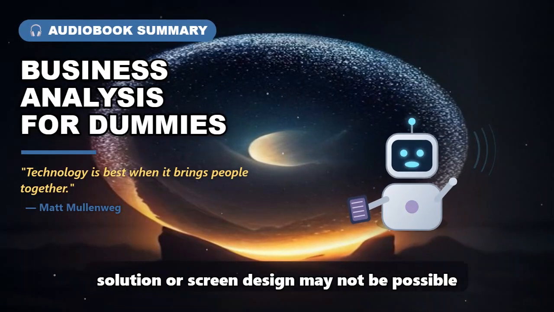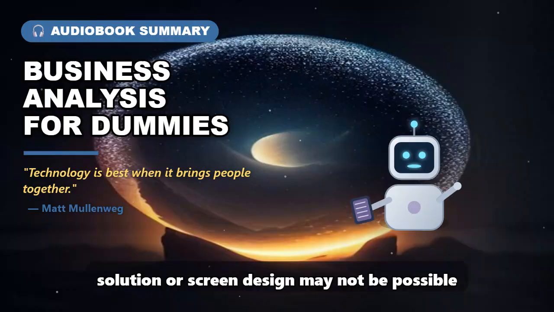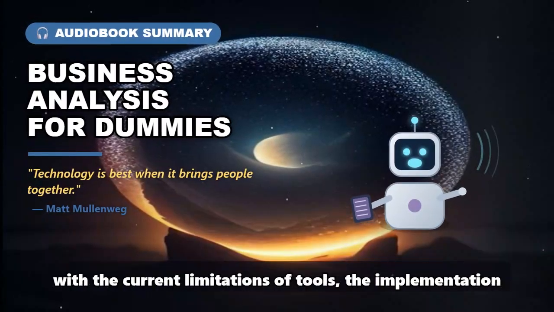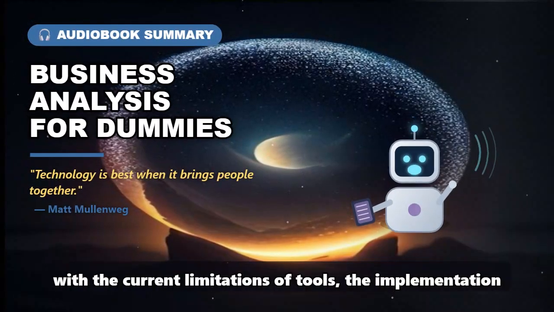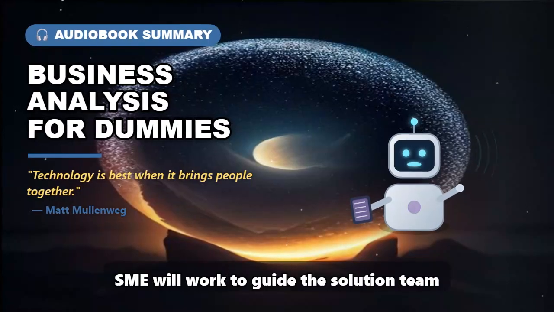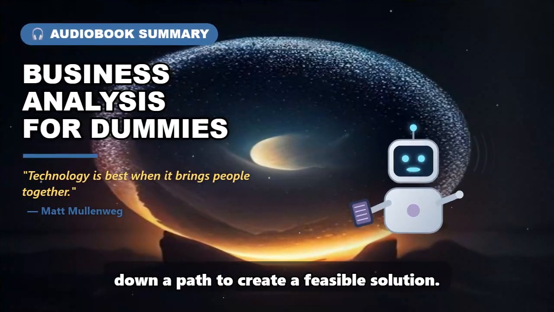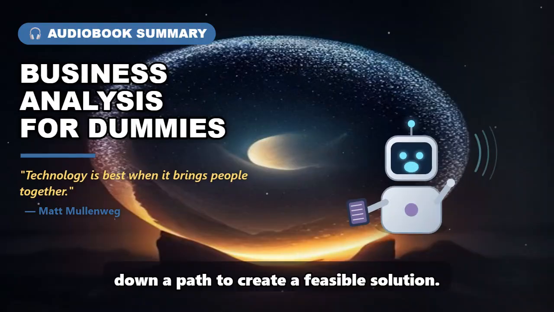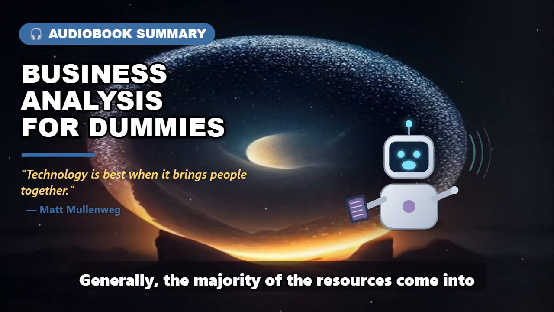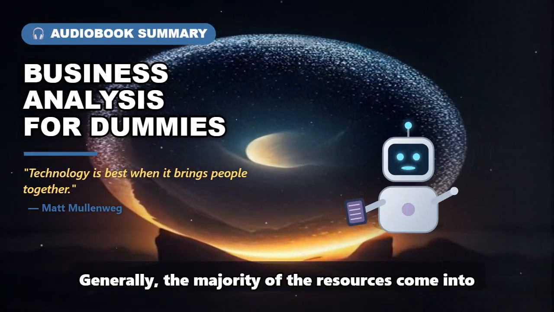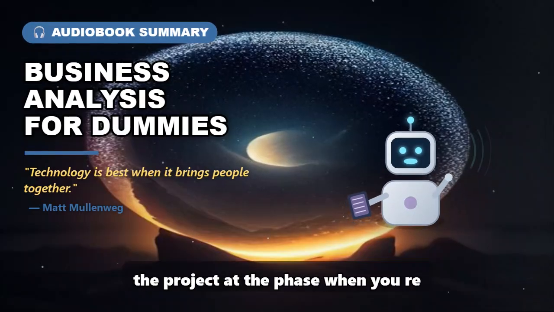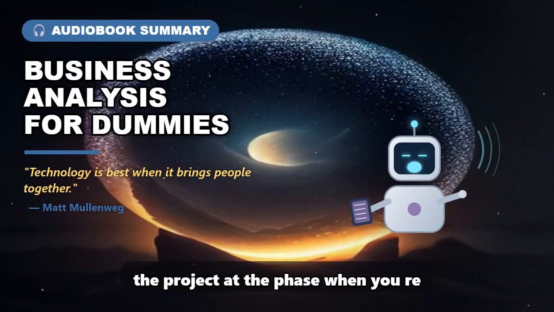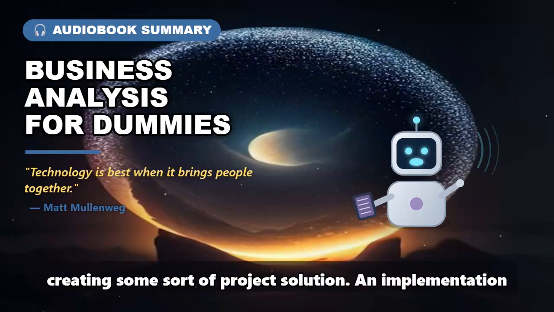For example, if a solution or screen design may not be possible with the current limitations of tools, the implementation SME will work to guide the solution team down a path to create a feasible solution. Generally, the majority of the resources come into the project at the phase when you're creating some sort of project solution.